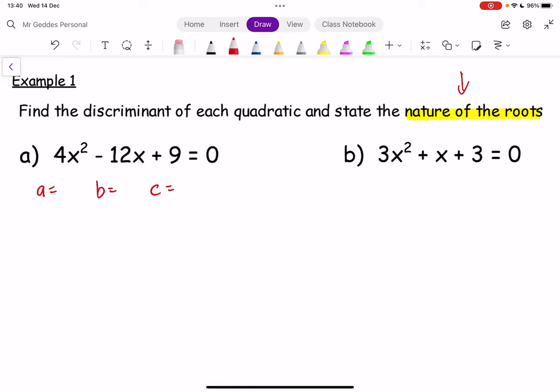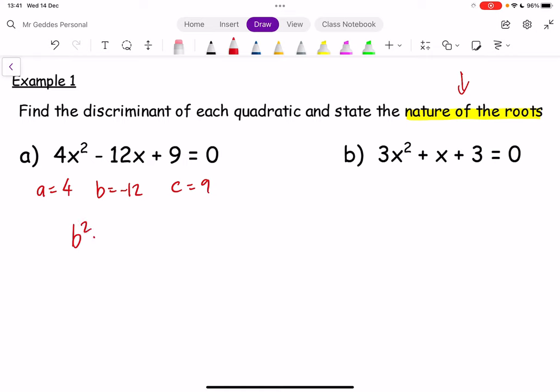A is 4. B, 12 or negative 12. You always take the sign with it. Negative 12. And C is 9. Okay. Pick them out, write them down.